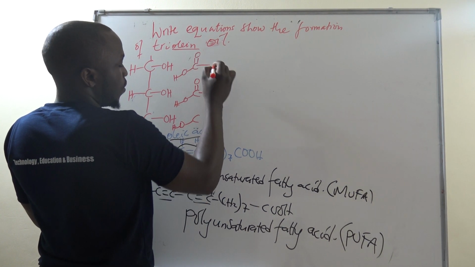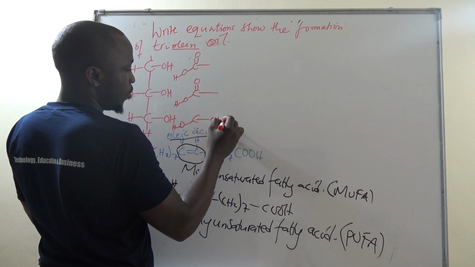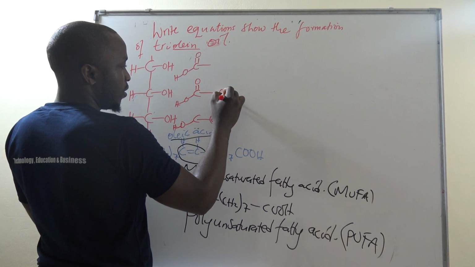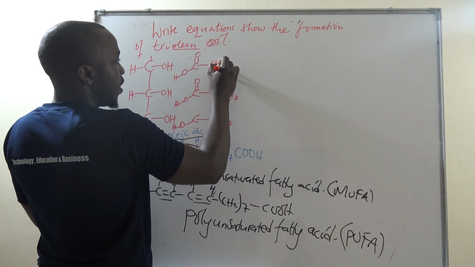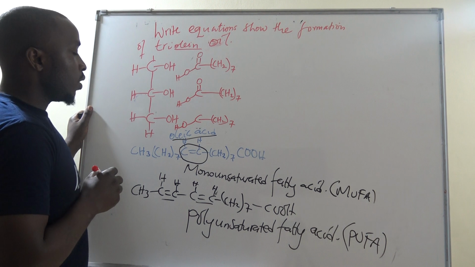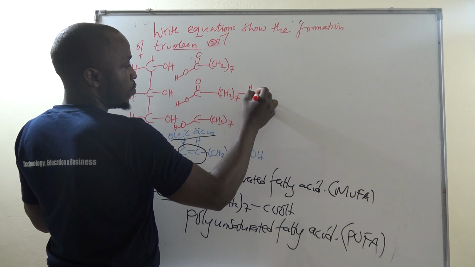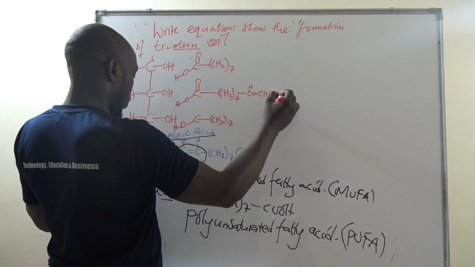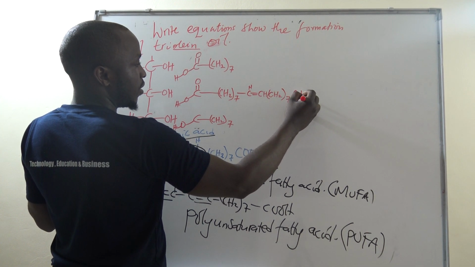Then they are showing us CH2, 7, CH2, 7, CH2, 7. Then, our double bond group, unsaturated group, then CH2, still 7, CH3.